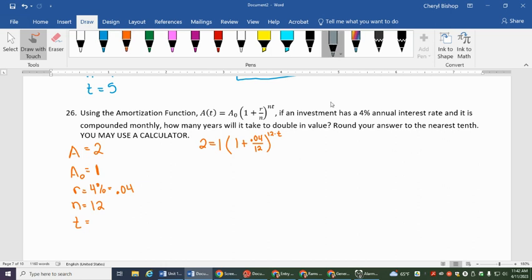You don't really have to in this case because when you're multiplying by 1, you don't really even have to write it. But if you wanted to see it there, in case you had a different number there and you want to know how to get rid of it, you would just divide. But we still end up with just 2 equals, and then my parentheses, 1 plus 0.04 divided by 12, to the 12 times T power.